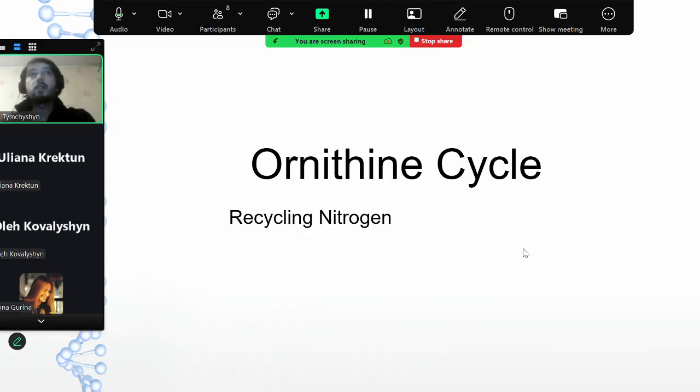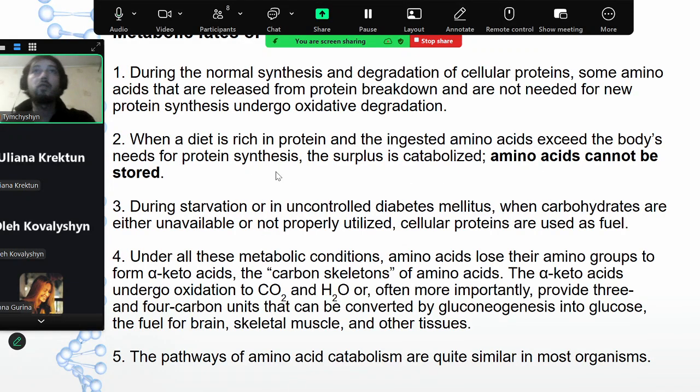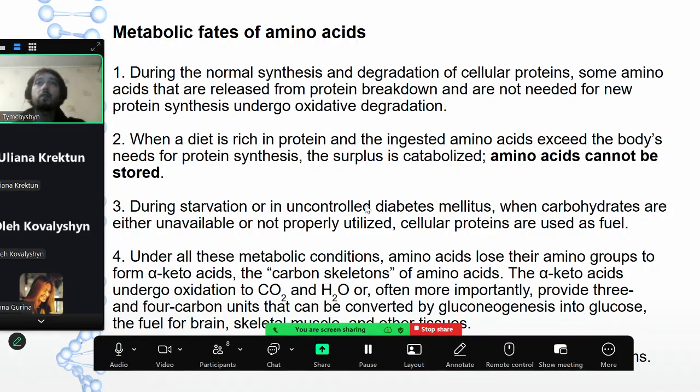Okay, let's consider one more pathway that has to do not with energy, but with managing nitrogen. We have a lot of processes that involve nitrogen compounds. Especially we are interested in amino acids because we are a form, let's say, of protein life.